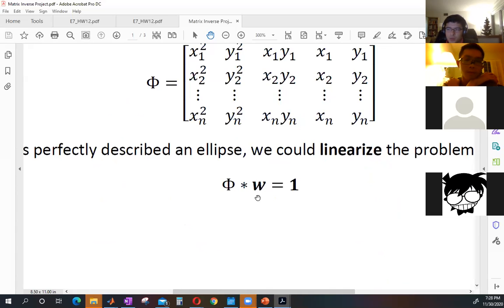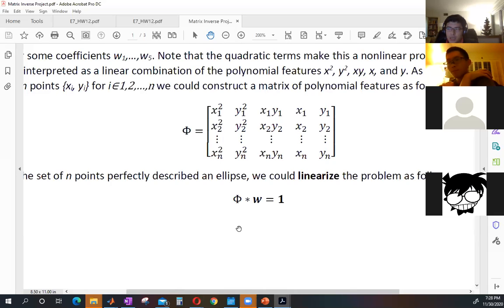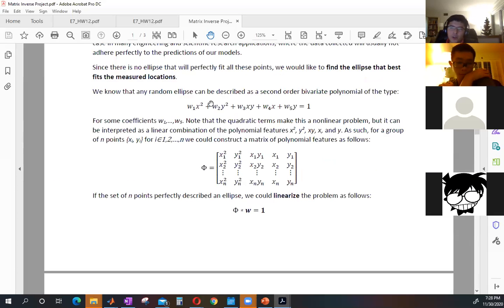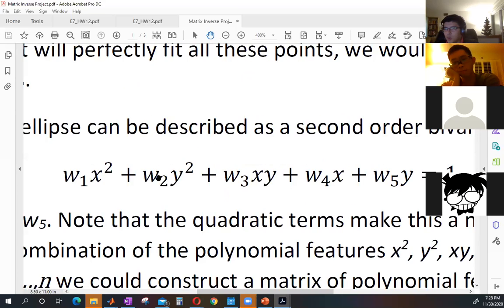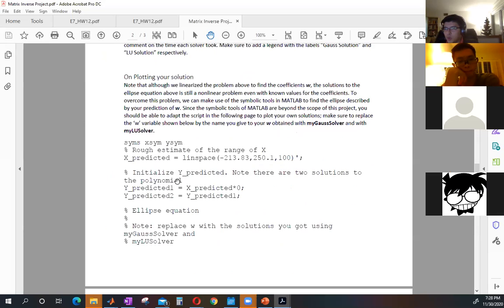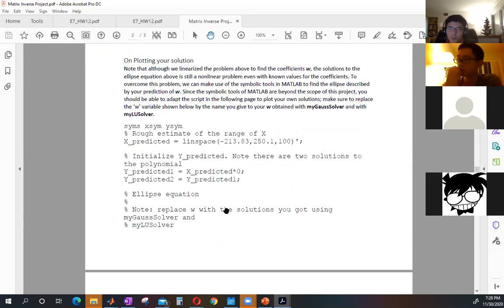So this is a linear problem. But although we linearize it, this equation over here, the equation for an ellipse, is still a nonlinear equation. So even if we know the W's, plotting these is not trivial. So we basically give you the code for plotting.